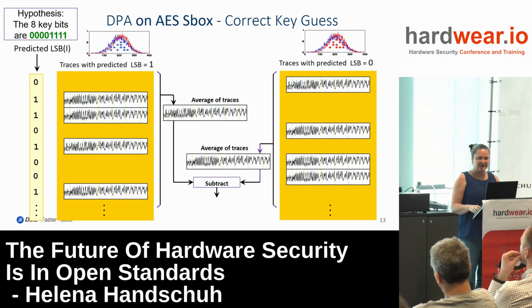If your key guess is correct, typically you will be right about all the 1s being processed in one bucket and all the 0s in the other bucket. So you should see some statistical difference in the means, the averages, of these traces.